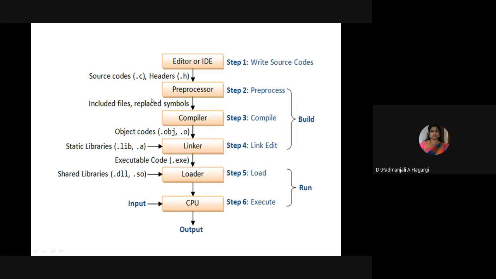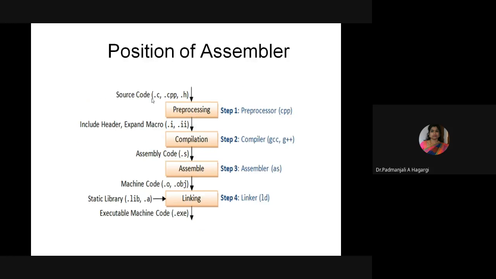Now, what is the macro? Macro is something like, for example, in a program you are doing some addition, some multiplication, some division, so all four arithmetic operations you are performing.